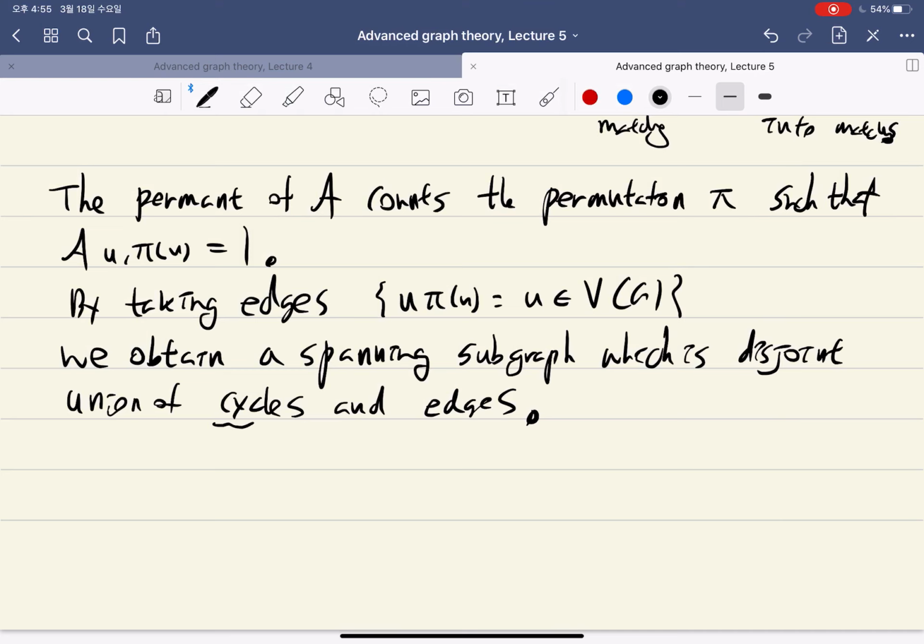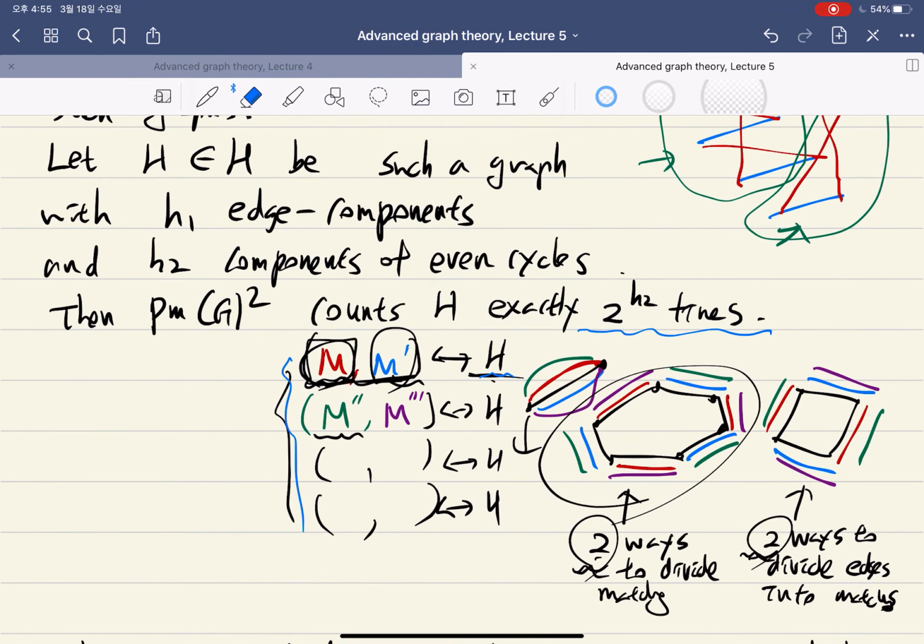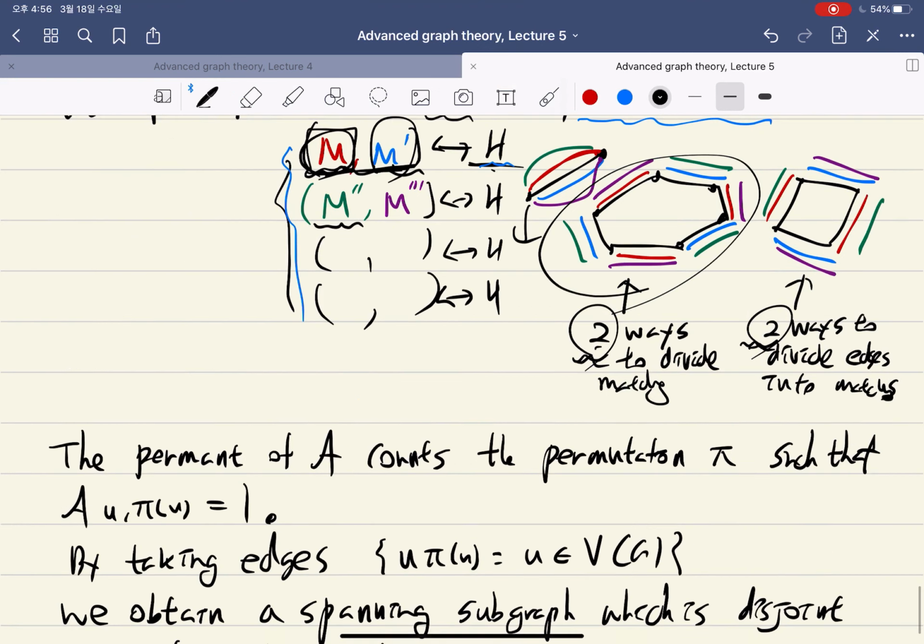So here the cycles could be any cycle. So it counts all the subgraphs of H and possibly more.